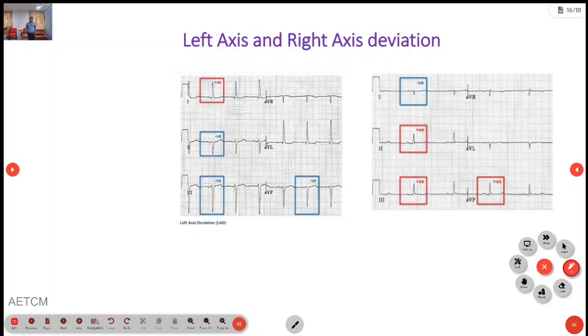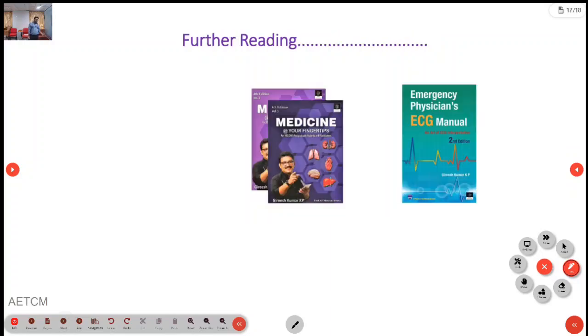Now, left axis and right axis we have already explained in detail. We should know them, because in LVH and RVH, and some other conditions, LBBB, RBBB, you can get some axis deviation. So, we have discussed one small topic, how to identify the axis in ECG.